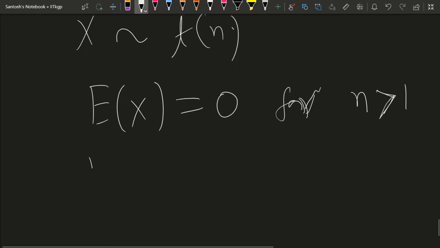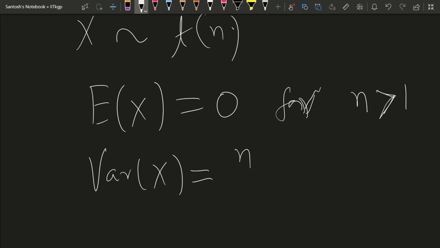And variance of x will be n upon n minus 2 for n more than 2, and not defined otherwise.